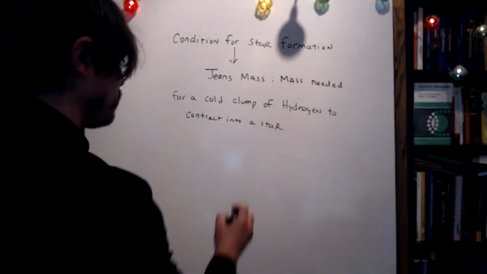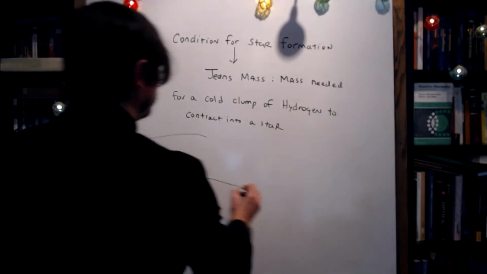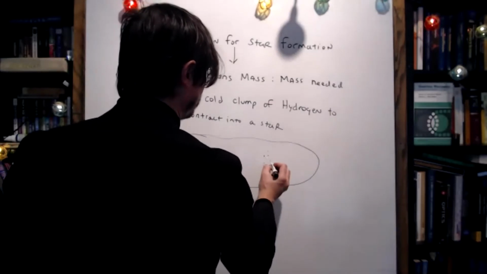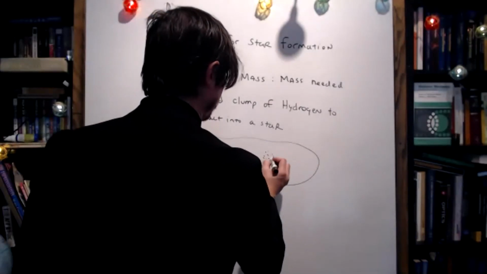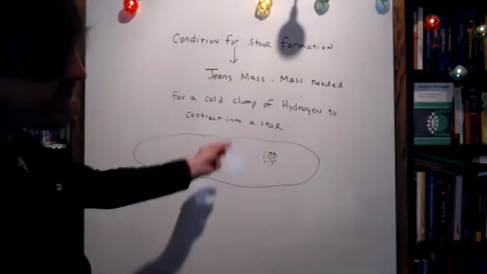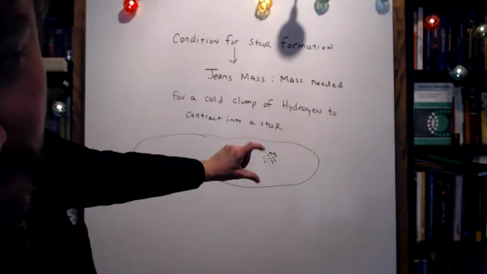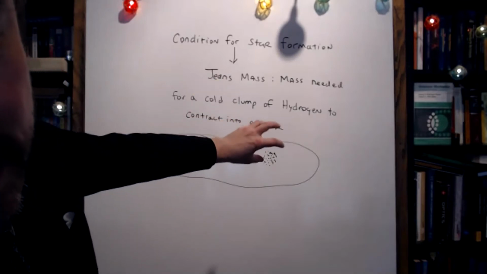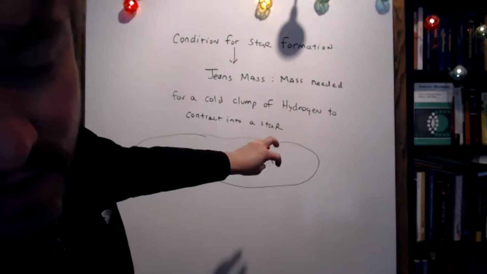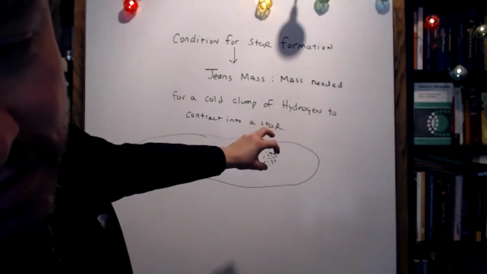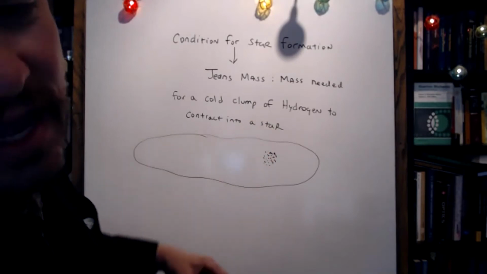Typically, the setup goes that you have some large giant molecular cloud, and somewhere in there you have a clump of gas. This gas is more dense than the surrounding cloud because the little dust grains have radiated away infrared light, and they've allowed the gas to contract and to increase in density, but the temperature does not go up as much.